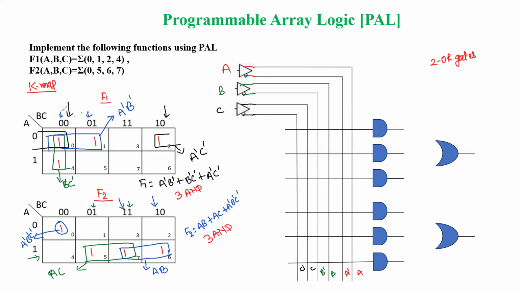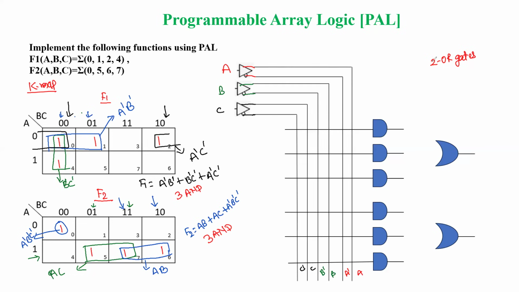Now whatever product terms are given, what is the literals combination for those product terms? Here we are going to use the logic array symbol. We are not using the conventional symbol. In the logic array symbol, we have to take a single wire. Now whatever literals are available for the particular product term, there we put the cross.